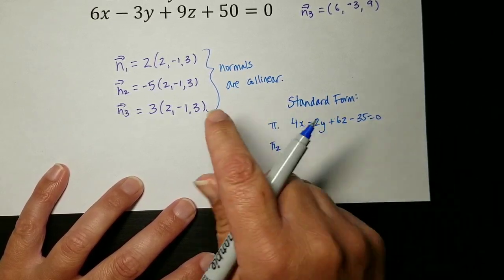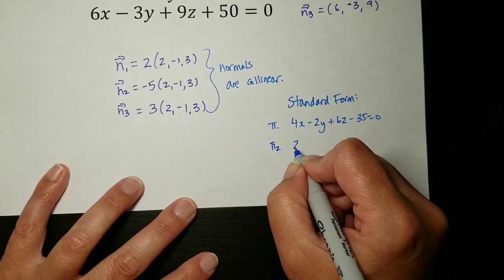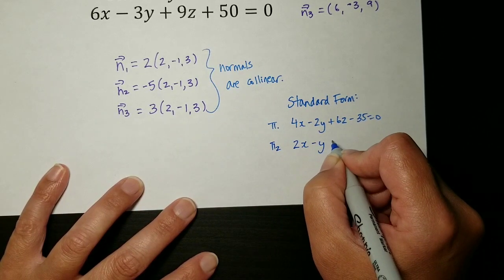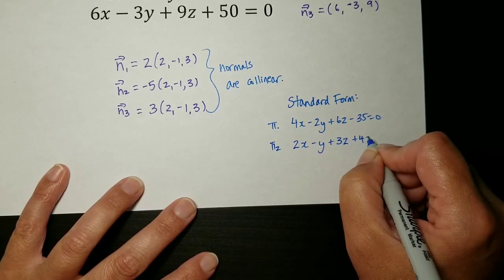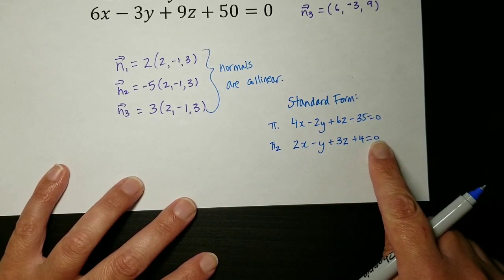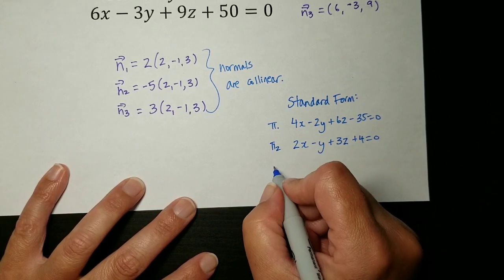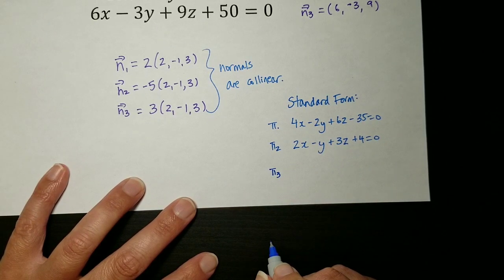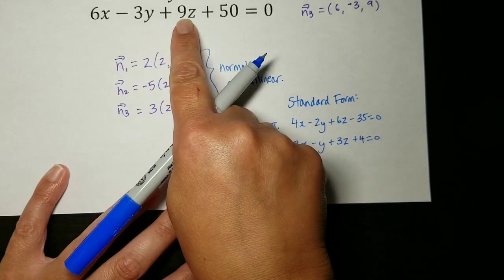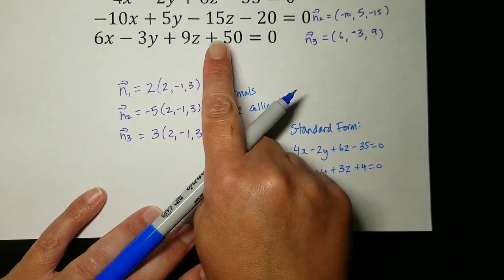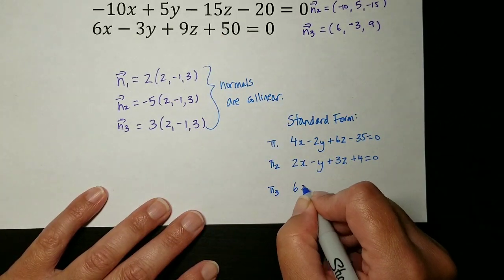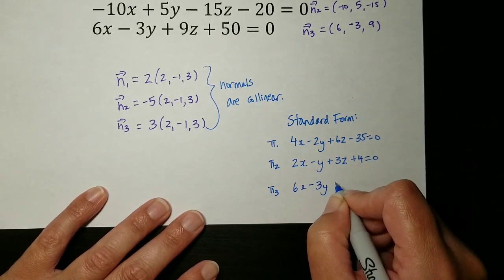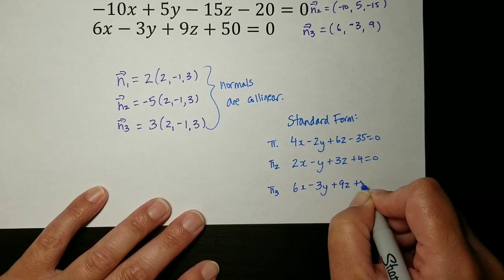Plane 2, I can divide out a negative 5. So I've got 2x minus y plus 3z plus 4 equals 0. But that's still not the same. We can tell that these are different planes when we get them in standard form. And here I have a common factor of 3 in the normal, but I can't divide that 3 out of my d value. So that was in standard form already.